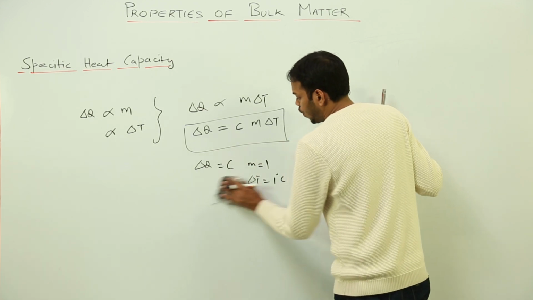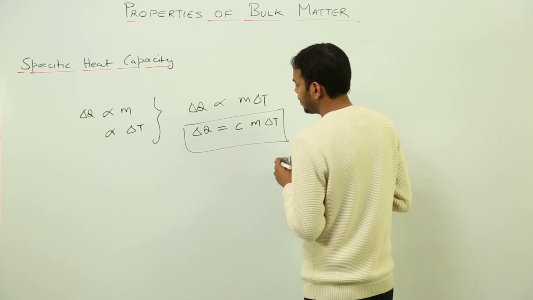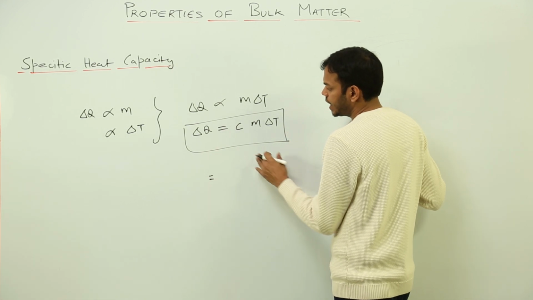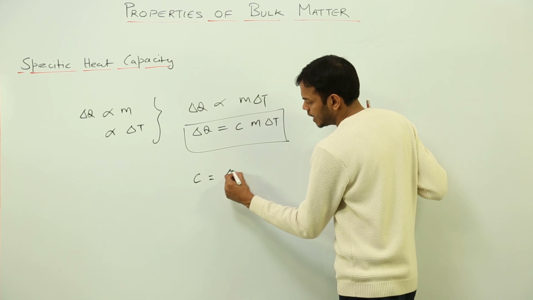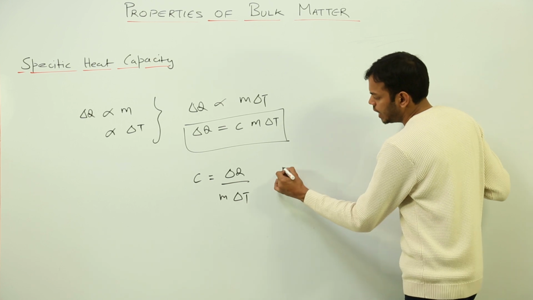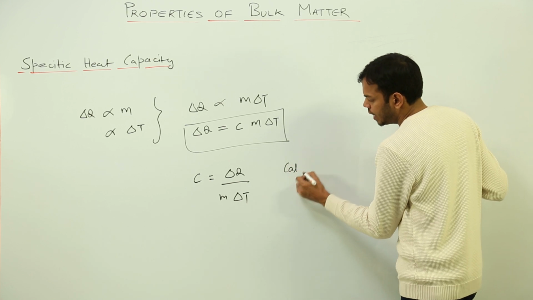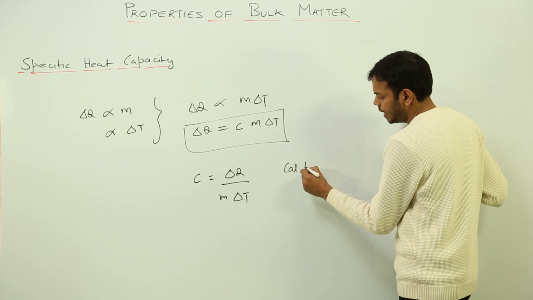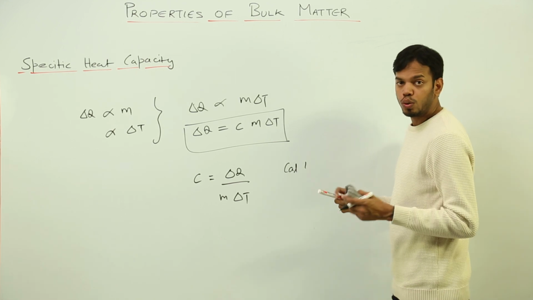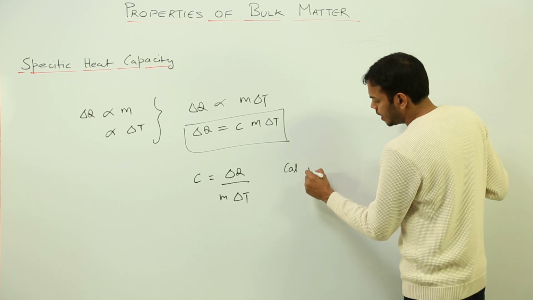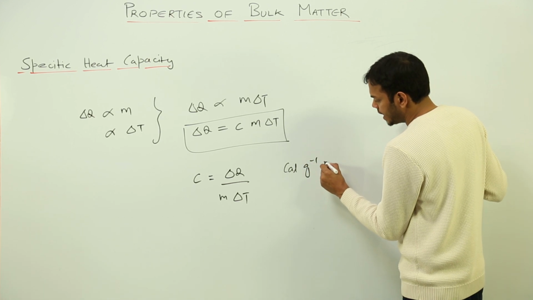Now, what could be the SI unit of C, the specific heat capacity? C is heat upon mass into change in temperature. So it could be calorie per gram per degree Celsius, because with calorie I have to use gram, and with joules I'll be using kg.